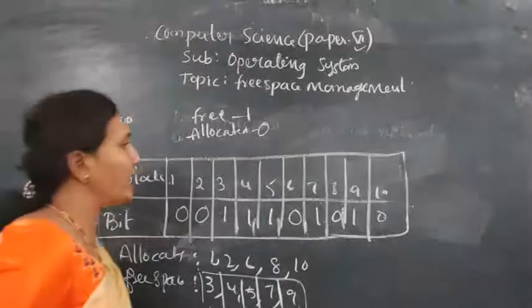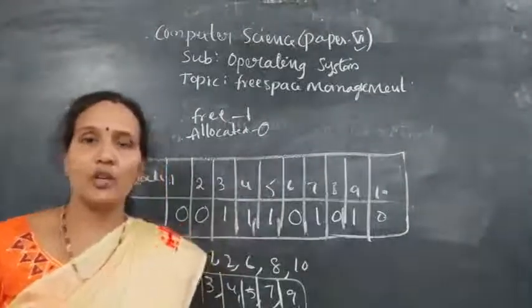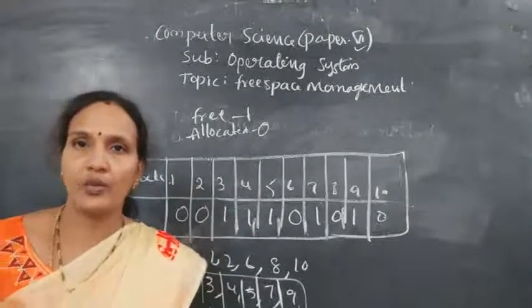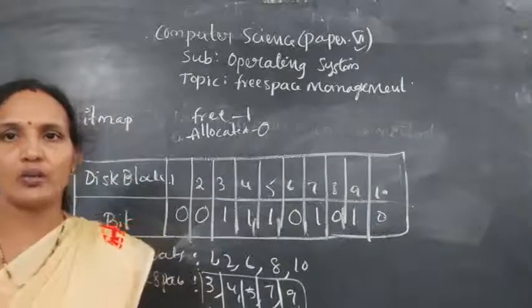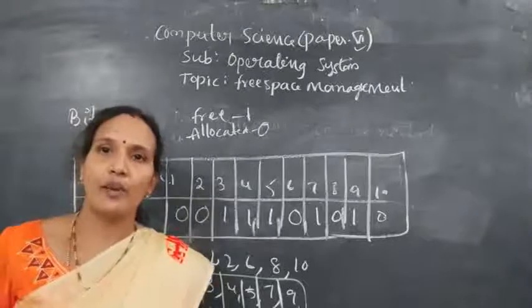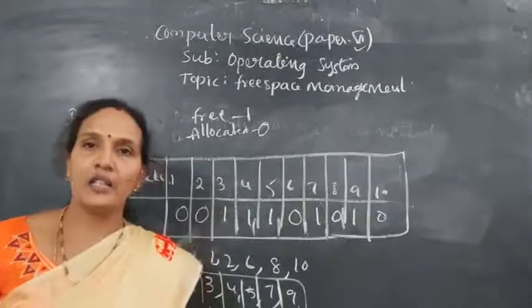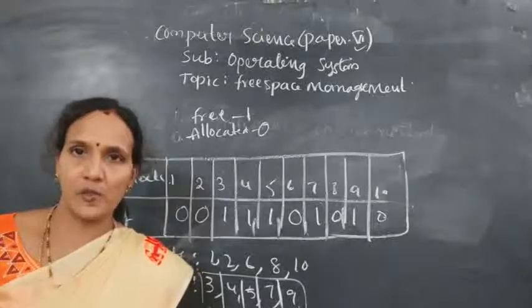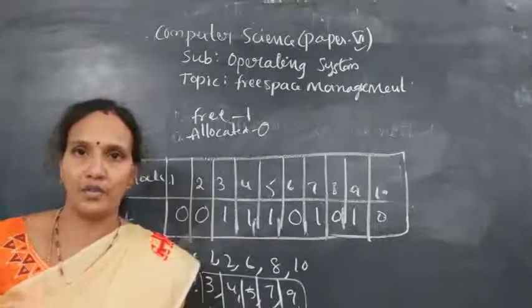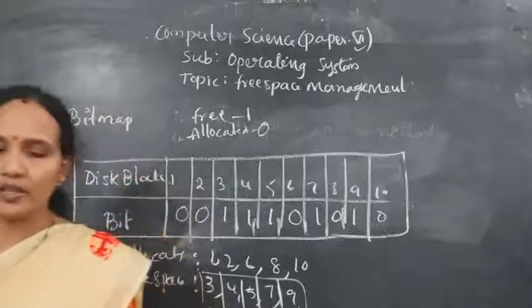It also requires some special hardware to check whether a block is free or allocated. So two disadvantages: one is that special hardware is needed, and the other is that the hard disk needs extra space for storing this bitmap information. You take a screenshot of this.